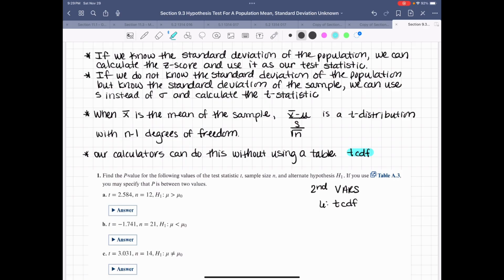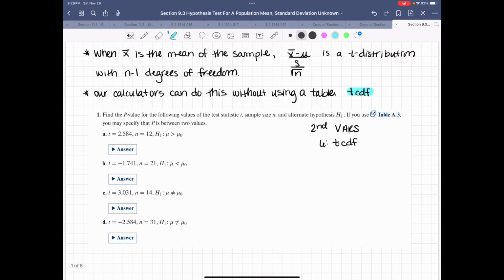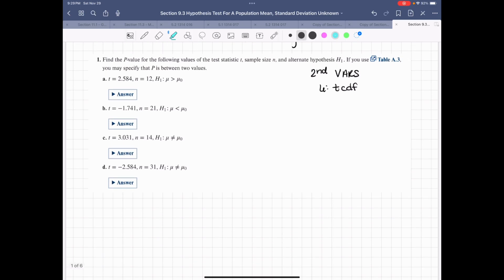So number 1 says, find the p-value for the following values of the test statistic t, sample size n, and alternate hypothesis H sub 1. We are not going to use the table. The function that we're going to use in our calculator is found under second vars, number 6, t-CDF.